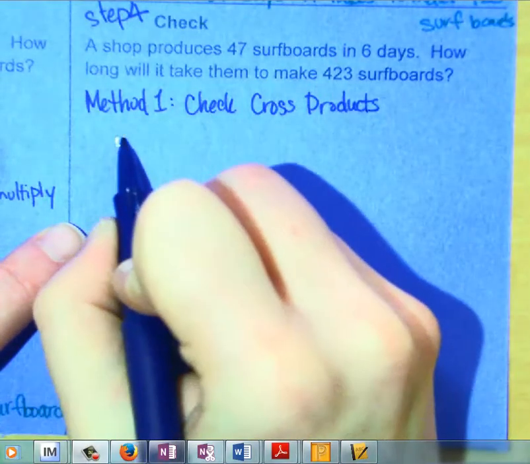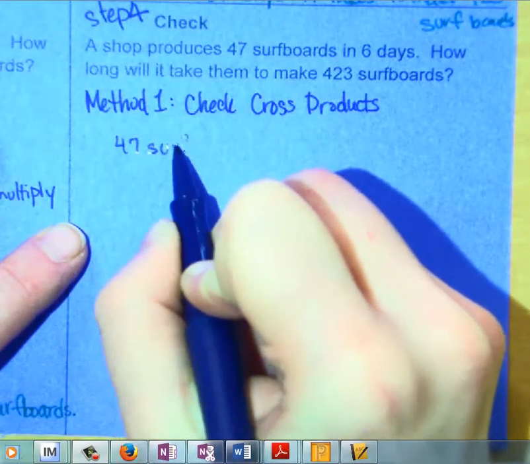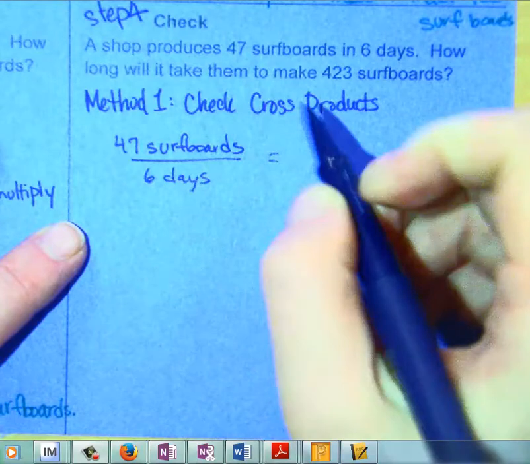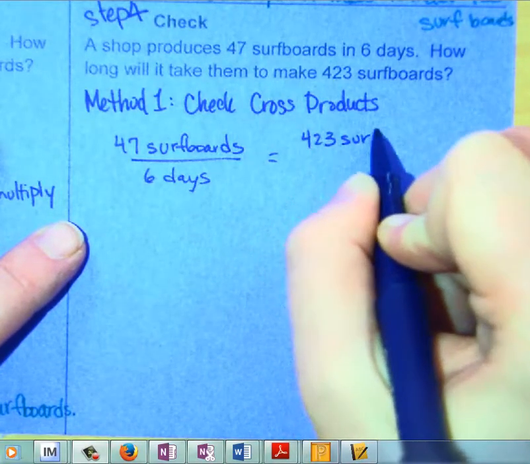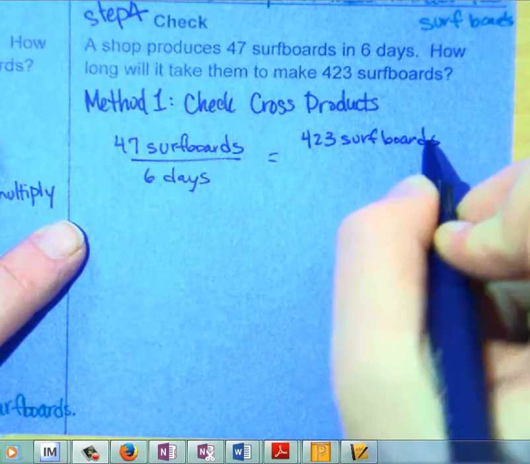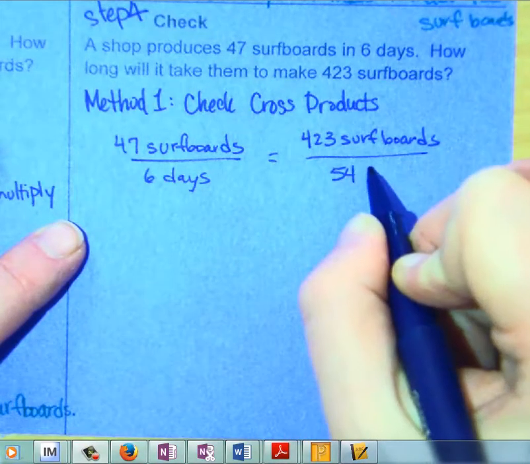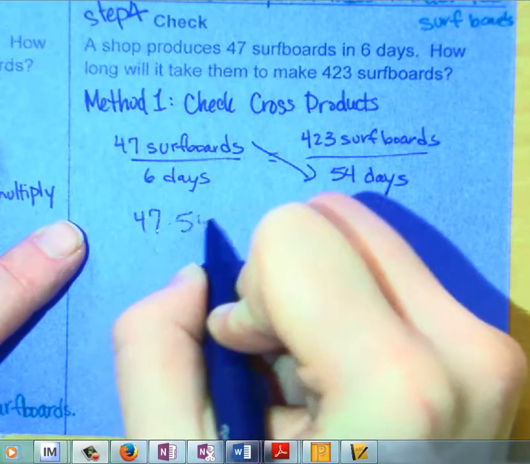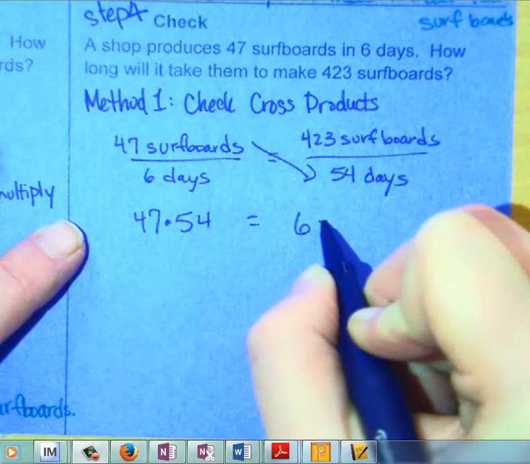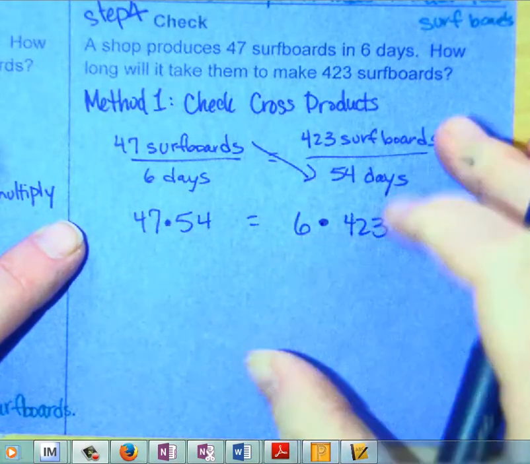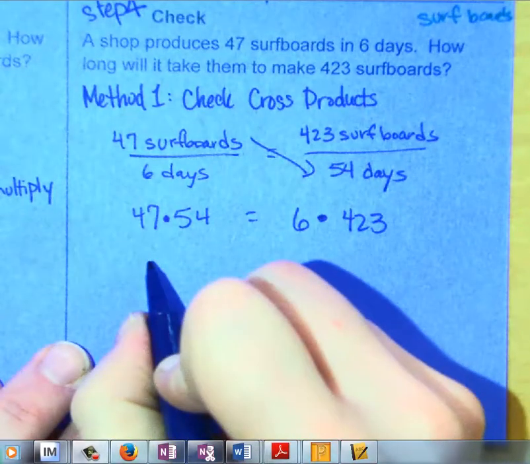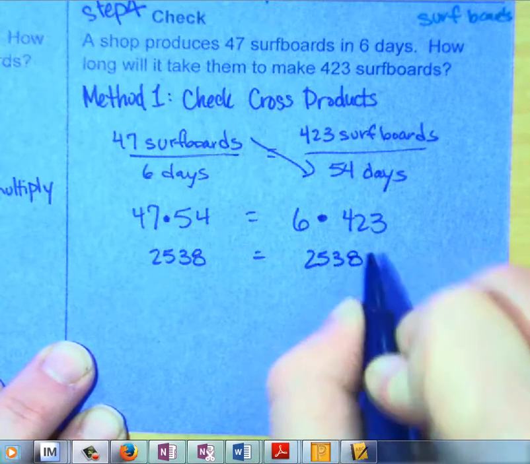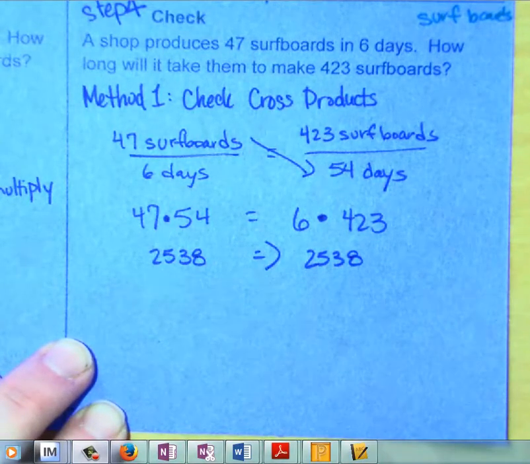So if the first ratio is 47 surfboards to 6 days, and our second ratio now is 423 surfboards, and we think that is 54 days for that many, we're going to multiply 47 times 54, and that should be equal to 6 times 423. So this is 2,538, and this is 2,538. So smiley face, we are fair and balanced there.